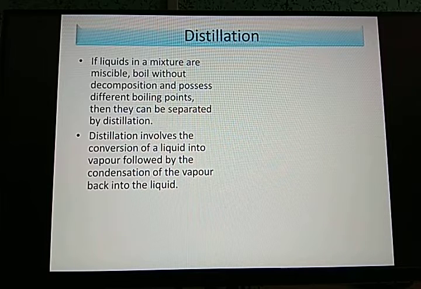So in this distillation process, first we vaporize or convert that liquid into vapor. Clear? And then we again cool it down through the method of condensation. And then we'll get back what? We'll get back the liquid again, the pure liquid. So in this way, we can separate out the two liquids depending upon the difference in their boiling points.